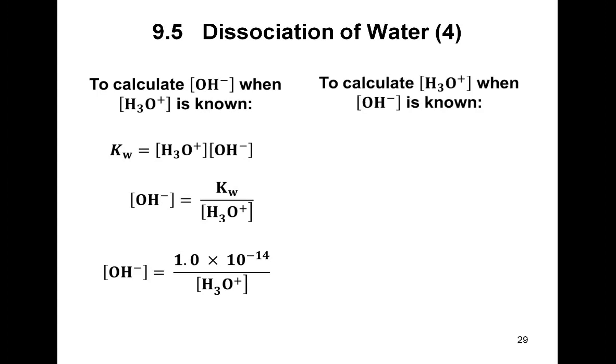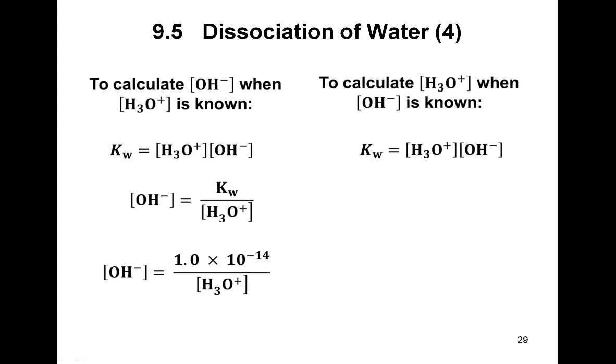If now, on the contrary, you know the hydroxide ion concentration and you want to calculate the hydronium ion concentration, again, you start from the Kw formula. This time we know Kw and OH-. We want to get rid of H3O+ on the right side of the equal sign. So for this, no, sorry, we want to get rid of the OH-, excuse me.